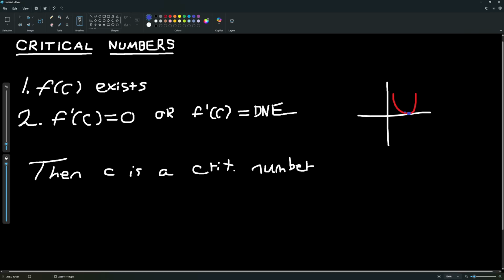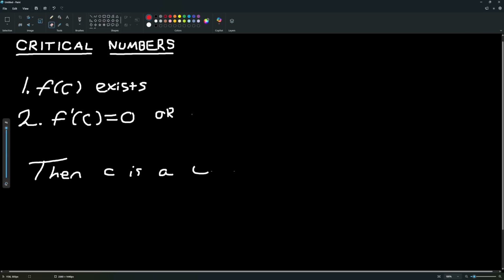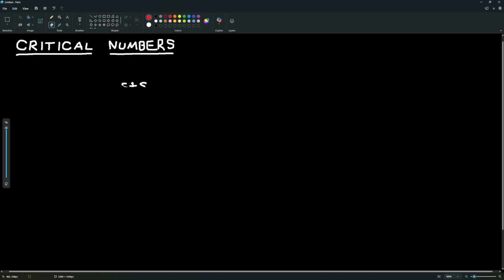The slope equals 0 here. You would call this a critical number. And the same would be true, like that example I just showed. If it was like this, for instance, and it kind of has this shape to it, and we have our point right here, because the slope does not exist, and the point itself exists, then that would also be a critical number.